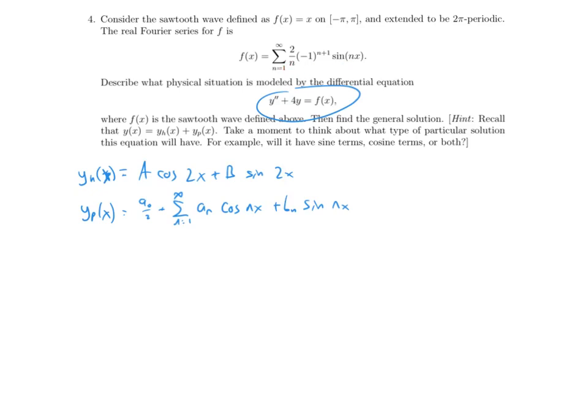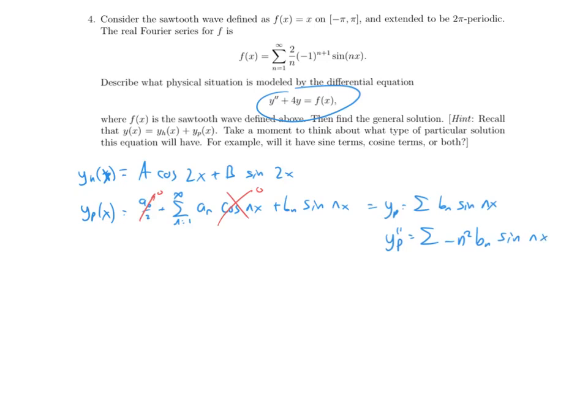So you don't actually need cosines in here. In other words, you can assume that's 0. So let's write yp equals the sum of bn sine of nx, and so the second derivative, yp double prime, is negative n squared bn sine of nx.